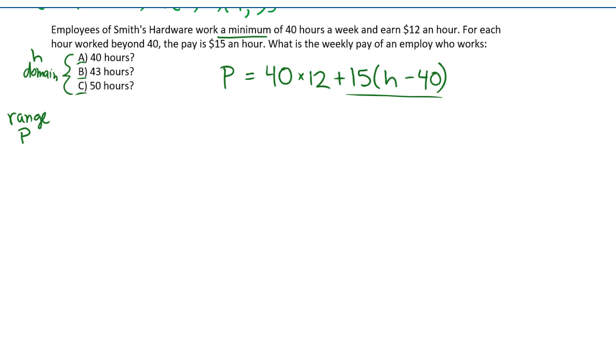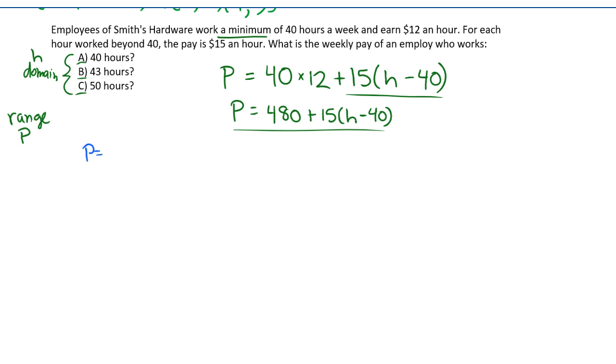So our equation looks like this: 480 plus 15 times H minus 40. And now we can use this equation in order to find the values for 40 hours, 43 hours, and 50 hours. So let's go ahead and do that.